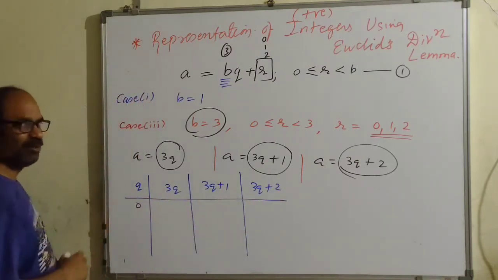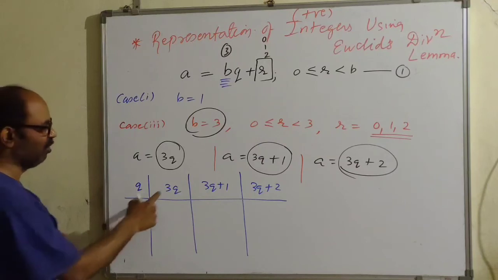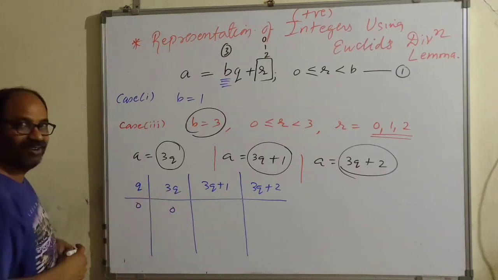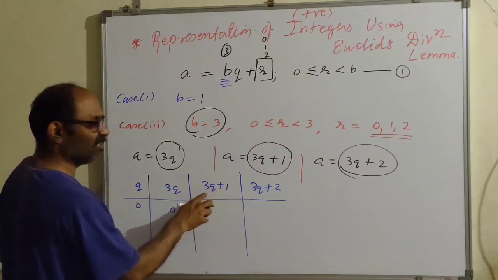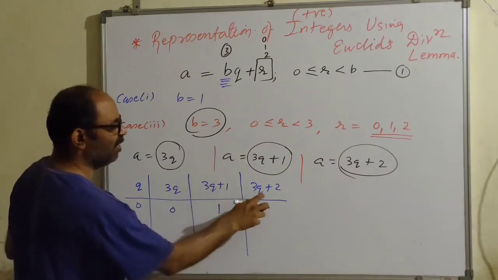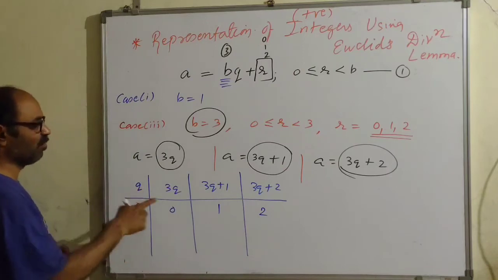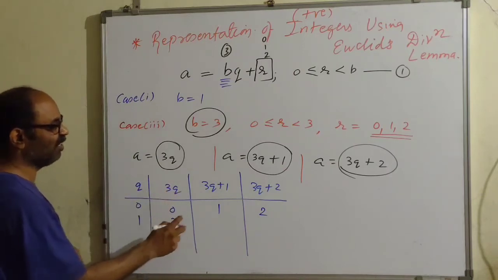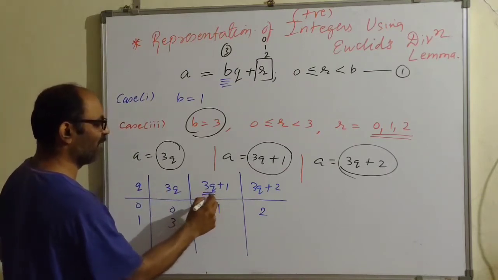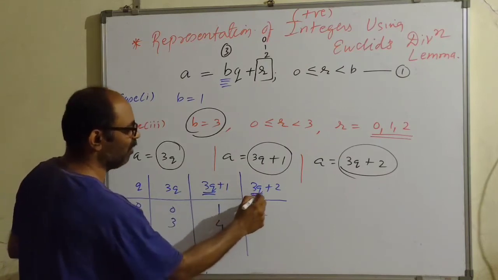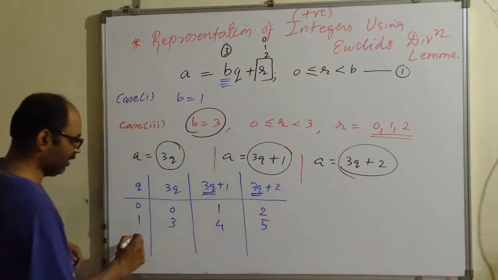Take Q equal to 0. 0 3s are 0, 0 plus 1 is 1, 0 plus 2 is 2. Now take Q equal to 1. 1 3 is 3, 3 plus 1 is 4, 3 plus 2 is 5.